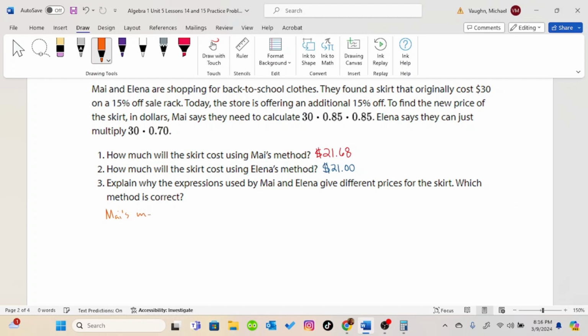Mai's method takes 15% off $30, then 15% off the lower new price.